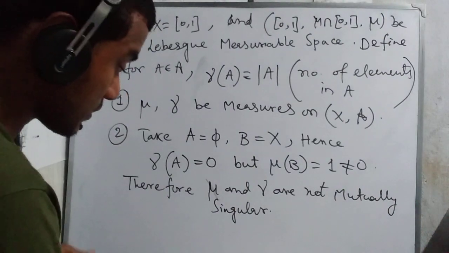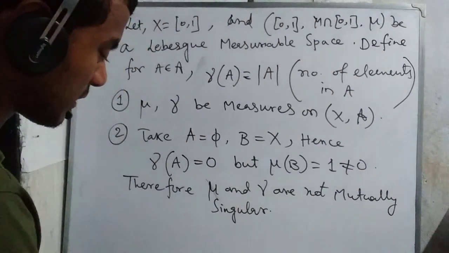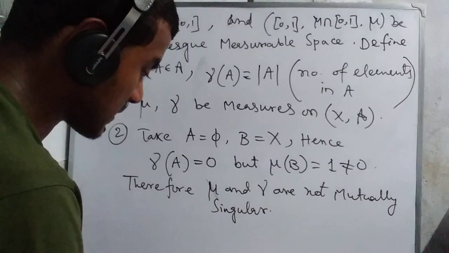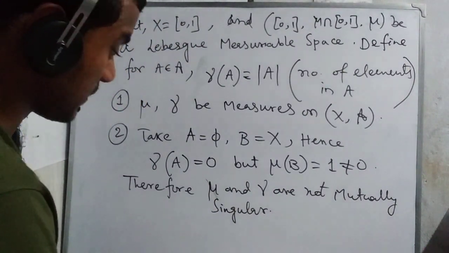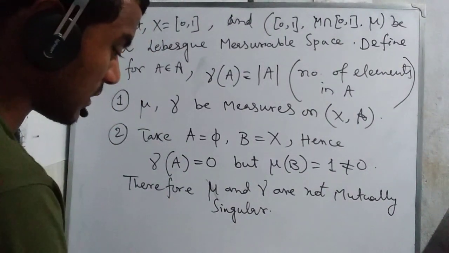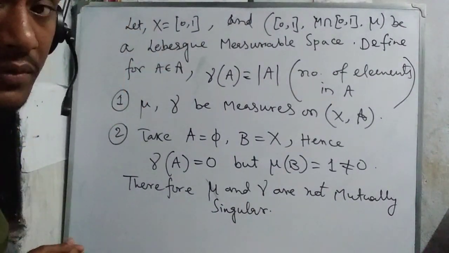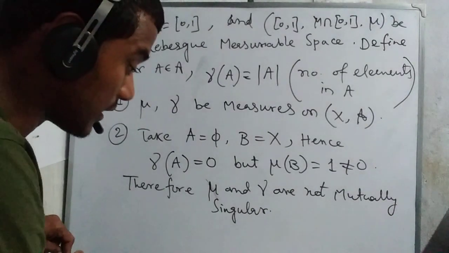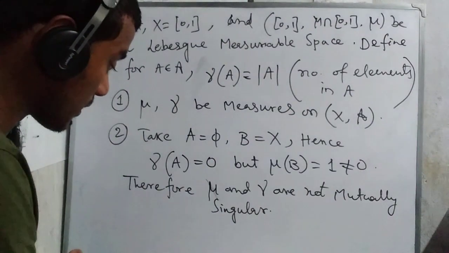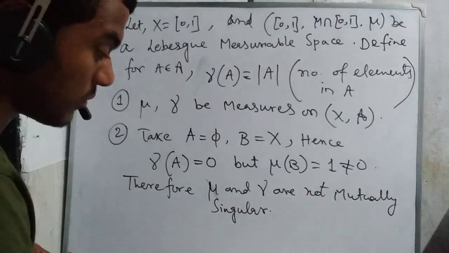Then we move to the discussion of mutually singular signed measures. Let mu and gamma be two signed measures on a measure space X, script A. We say that mu and gamma are mutually singular if there exist two measurable sets A, B such that X equals A union B, A intersection B equal to phi, and the total variation of mu on A is 0 and the total variation of gamma on B equal to 0.